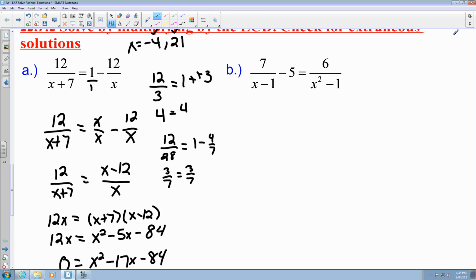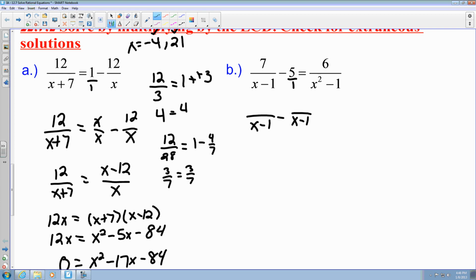So let's see what we can do. We can imagine this as like minus 5 over 1. So if I were to multiply both of these denominators together, we can conclude that the least common denominator is x minus 1.